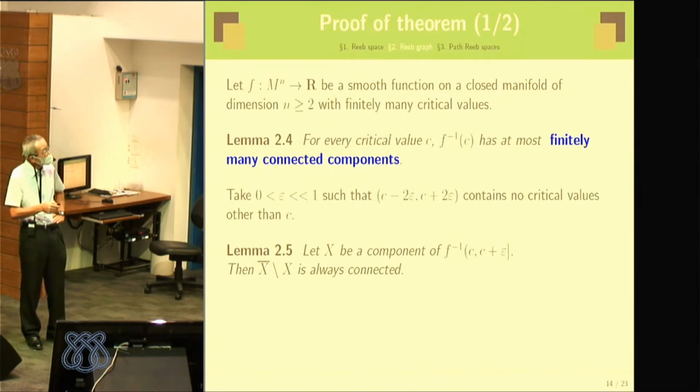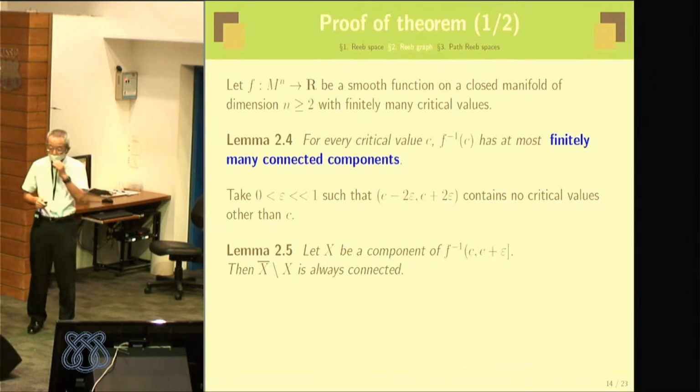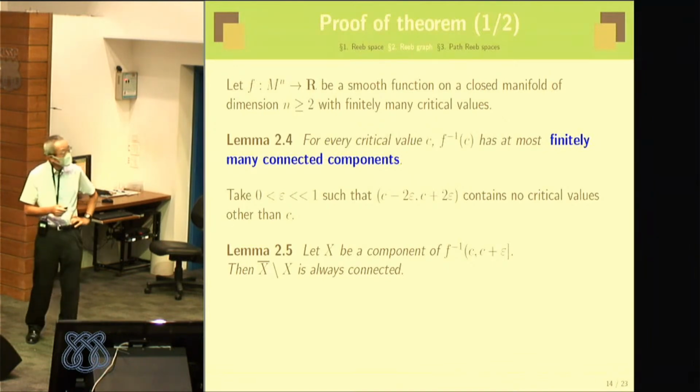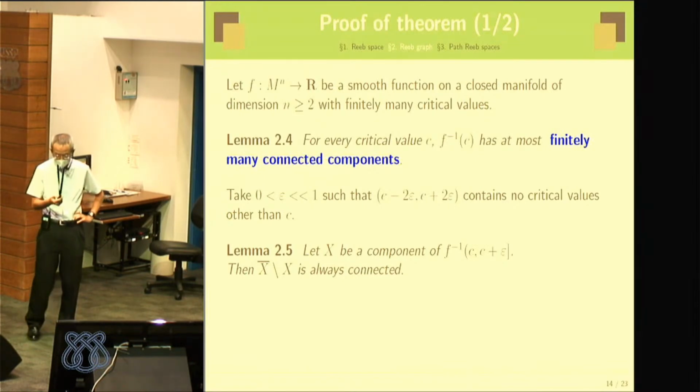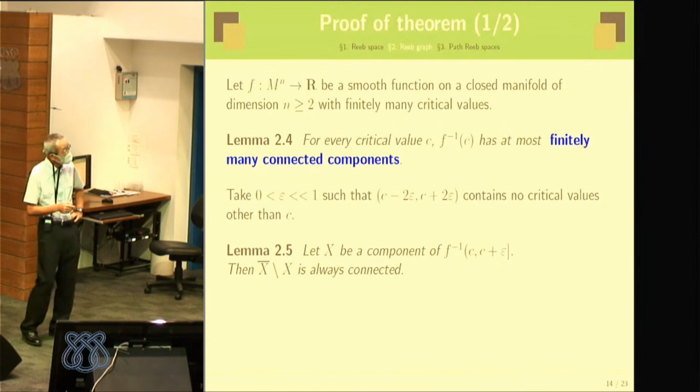For every critical value c, the critical level has at most finitely many connected components. And of course, if you have a Morse function, this is easy. But for a general smooth map, it's not so easy to show this.